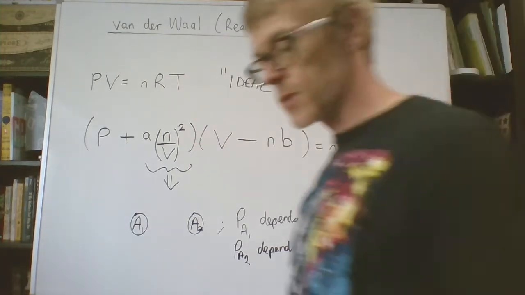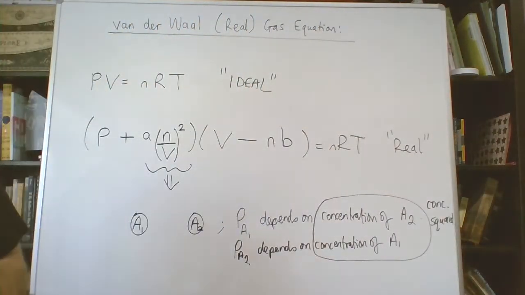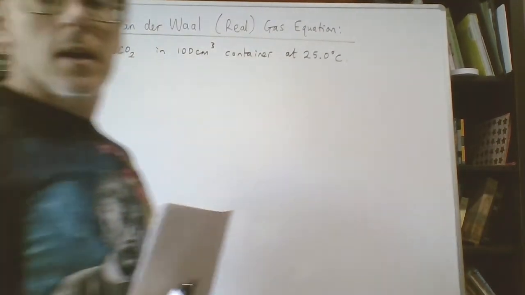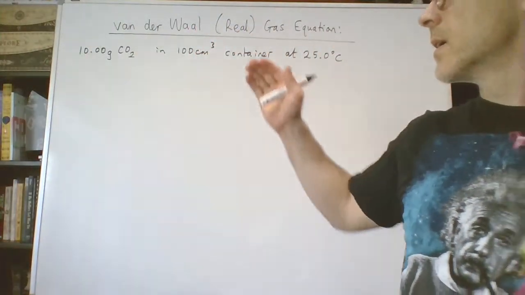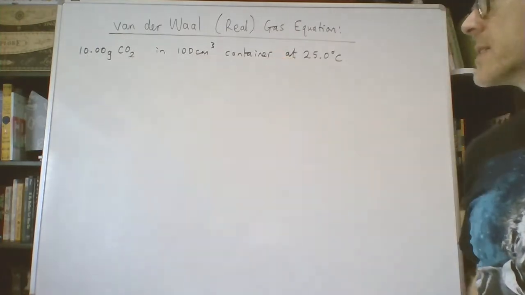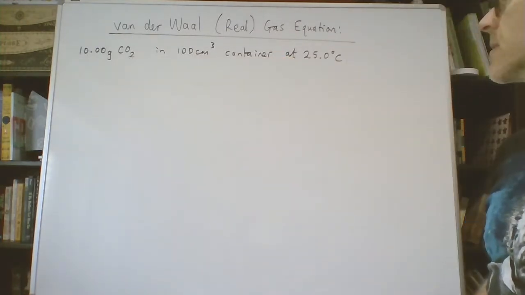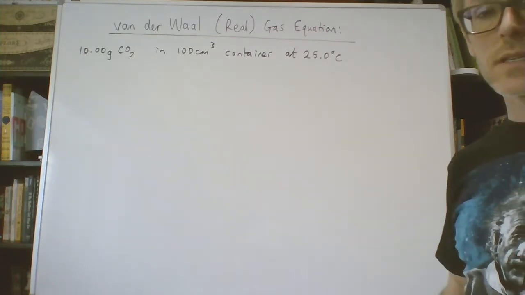Okay, we'll pause the screen and then we'll try a calculation. Here I'm going to calculate the pressure of this system: 10 grams of CO2 gas in a 100 centimeter cube container at 25 Celsius.